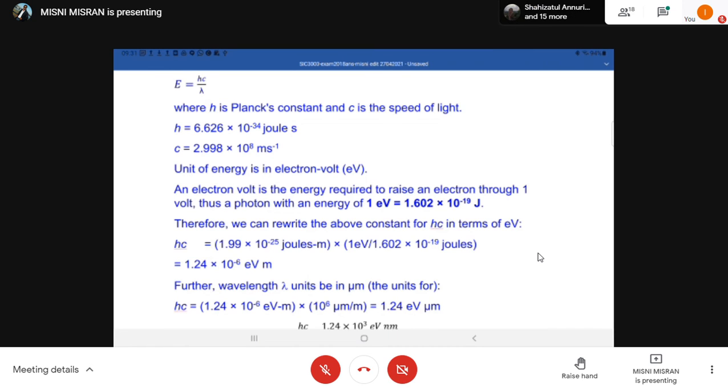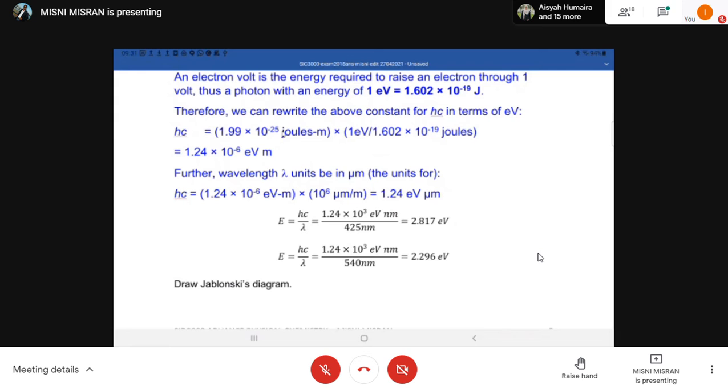So in my case, because you have hc, I write every unit next to the number. So joules meter.